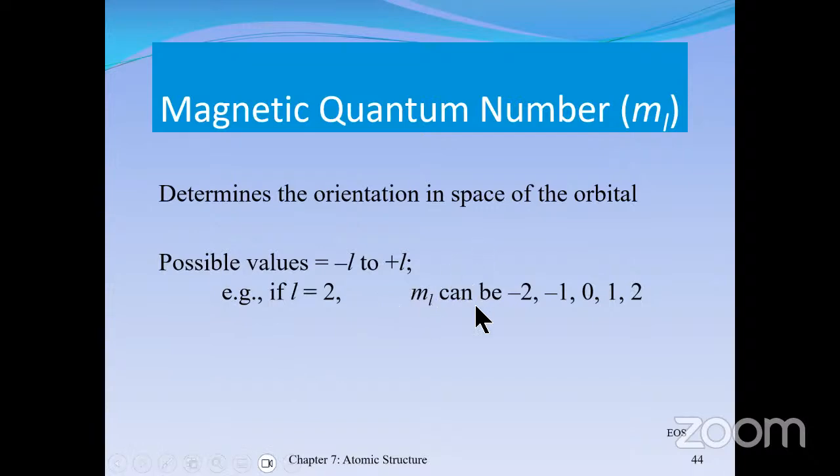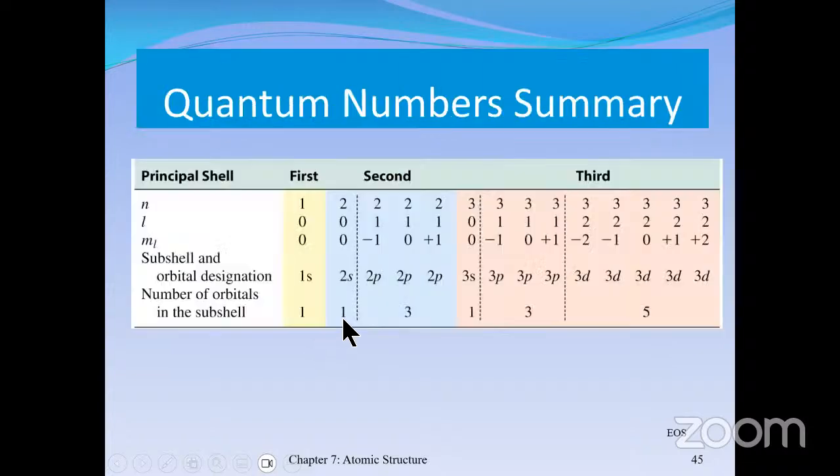So depending on what the value of L is, the possible values of ML would go from minus L to plus L. So for example, if L is equal to 2, then the possible values of ML would be minus 2, minus 1, 0, 1, and 2, right? So basically what this tells us is that in the L equals 2 subshell, each of these values represents a particular orbital, right? So there are 5 orbitals in the L equals 2 subshell, all right?